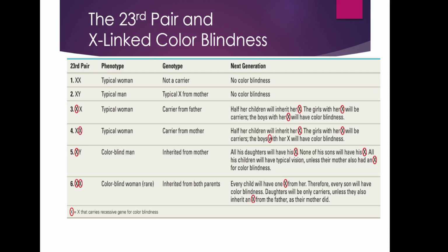So here's our final row, which is a really rare circumstance, where you have a colorblind man and a colorblind carrying woman, or a colorblind woman, who both donate their colorblind X carrying gene. So the interesting thing about my student story is she only has sons.